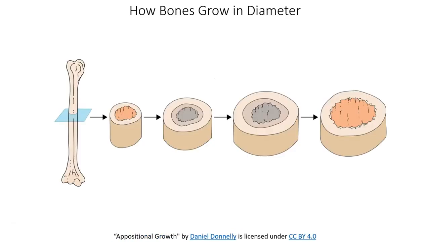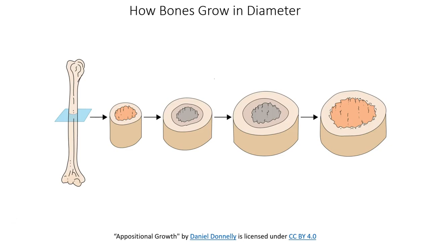All right, let's talk a little bit about how bones grow in diameter now. So how do they get bigger around? Right, so this is going to happen simultaneously as the bones grow in length from that epiphyseal plate, but we do still need to get our bones to be bigger around, because it doesn't make sense to have a super long bone that's also really skinny.